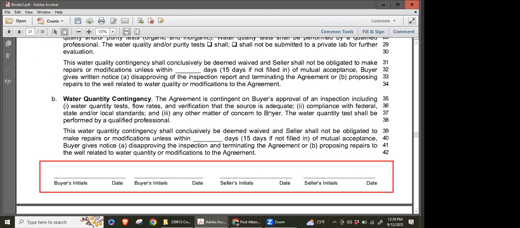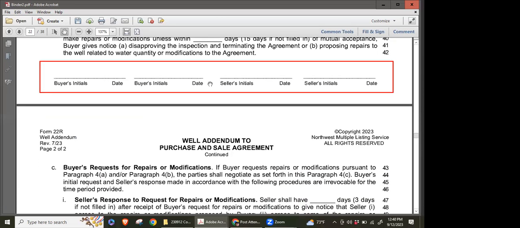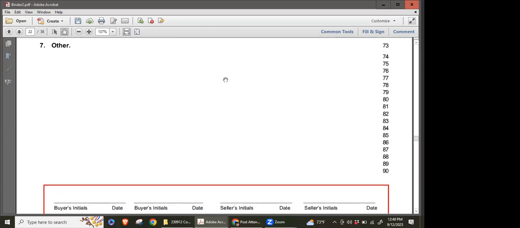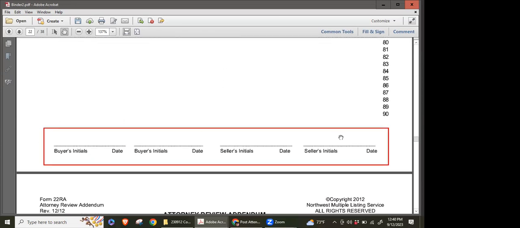And I really look at whether some of the boxes are checked. I like it when you fill in the date, even if it's the same, like the water quality. If you are going to test that, then just put the 15 days or 20 days, whatever it is. It's more complete. And then again, I make sure that it's fully signed.